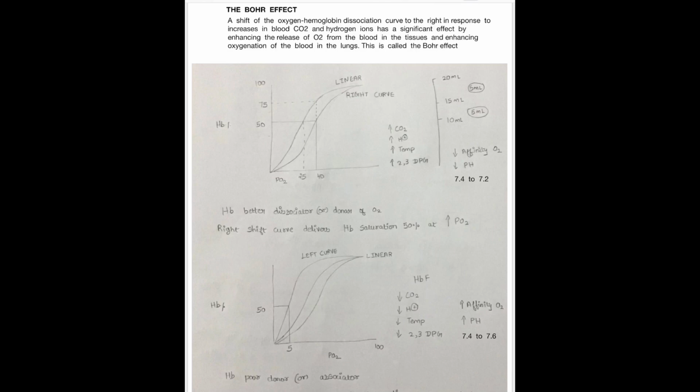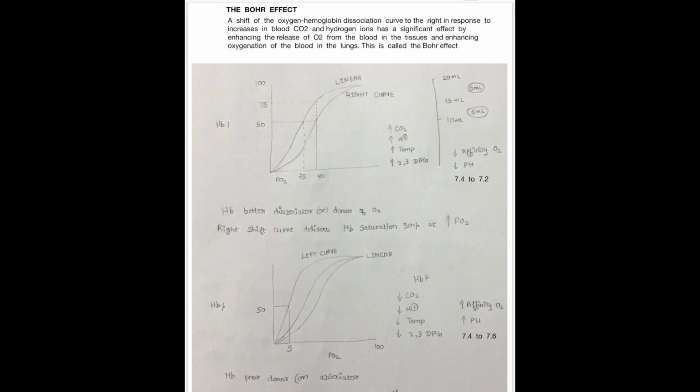So in exercise, what happens is, at the partial pressure of 40, the hemoglobin saturation is 50 instead of the normal 75, and the blood delivered is how much? 10 ml, and the remaining 10 ml is in the blood.